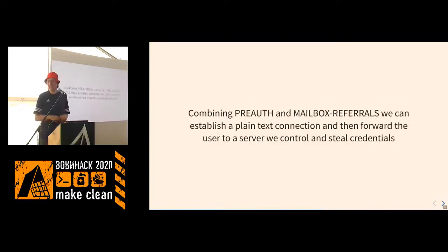Now, if we combine these two things, like this pre-auth thing, where we, as a server, can tell the client, you're already logged in, so you cannot do encryption, and this mailbox referral, so we say to the client, yeah, please log into this other server. Then we again have an attack where we can steal credentials. We can tell the client, yeah, please log into my attacker server, and then the attacker server can record the credentials.